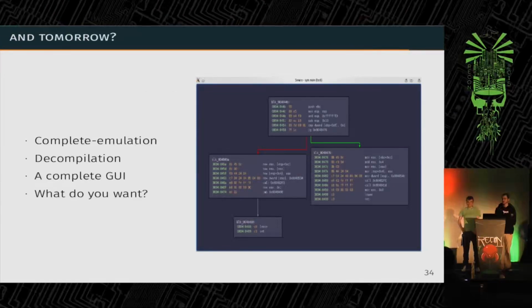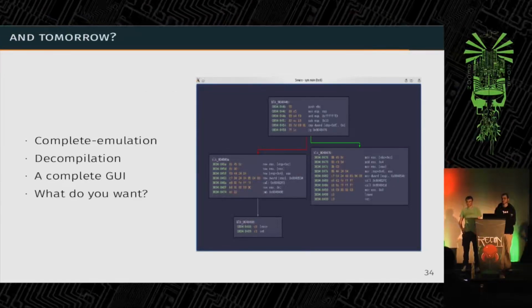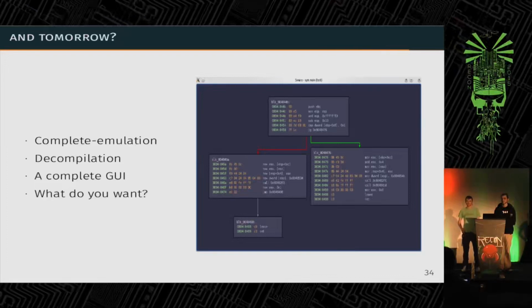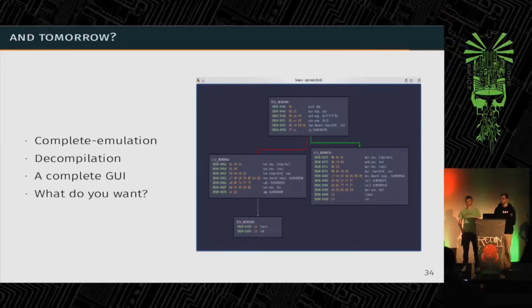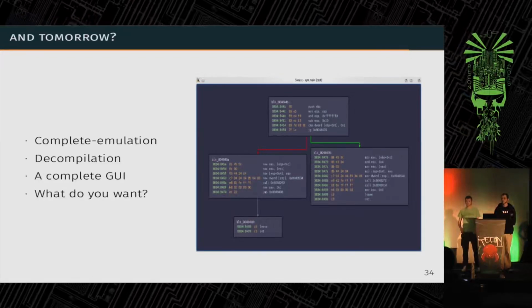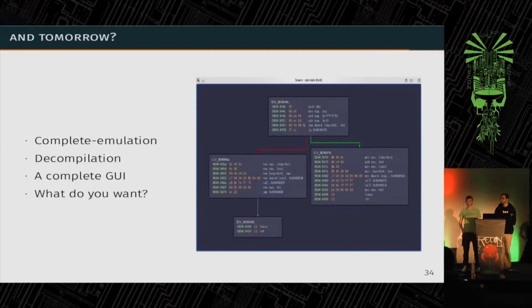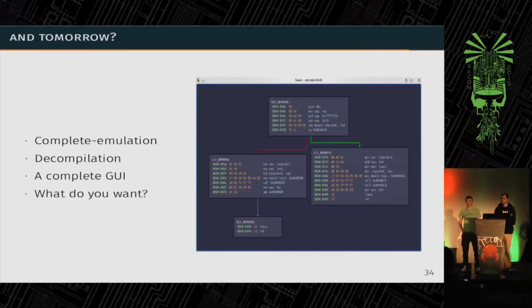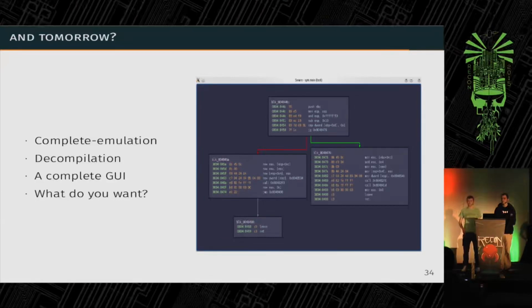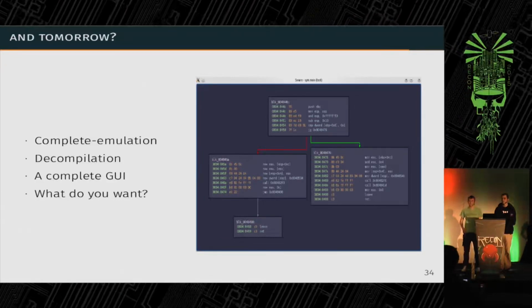So the future plans are mostly working on analysis and decompilation and emulation. As you know, we have ESIL, which is our intermediate representation for emulation. Currently, we can emulate most things in x86, ARM, Game Boy. There are still some functions missing and some syscall stuff is missing, so we're working on getting this to 100%.